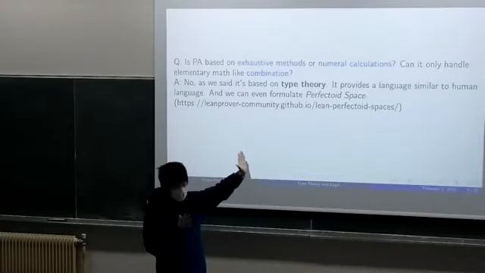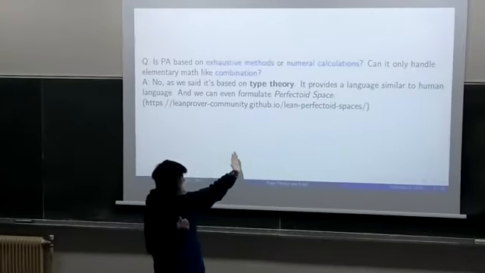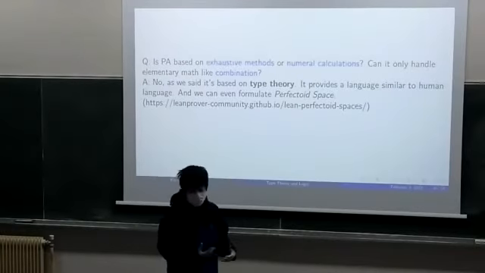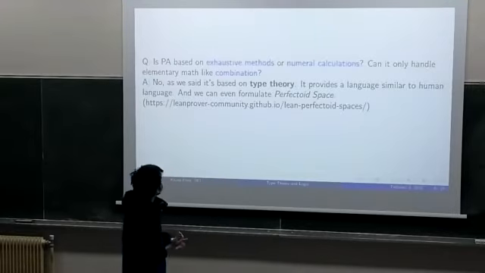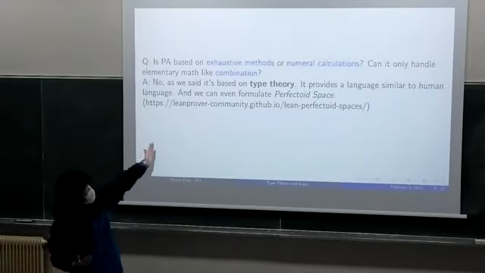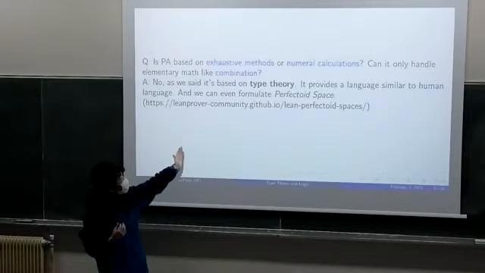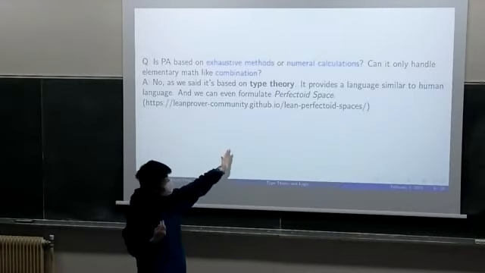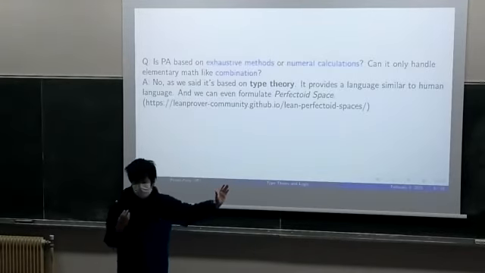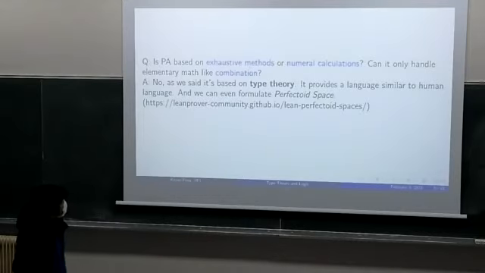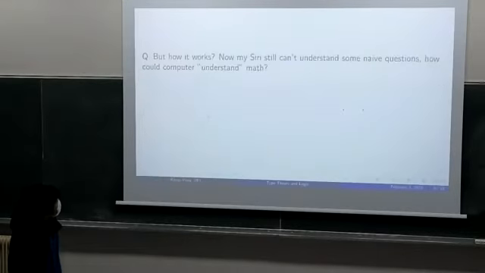It's kind of a new language for formulating math, so it should be as powerful as human language. We'll show you later that we can even formulate perfectoid spaces, which is recent Fields Medal work. We'll see this later.